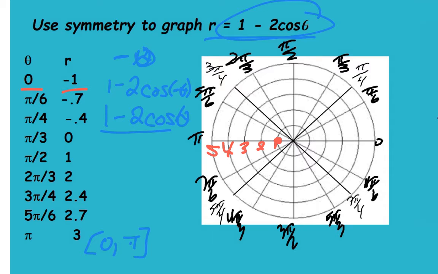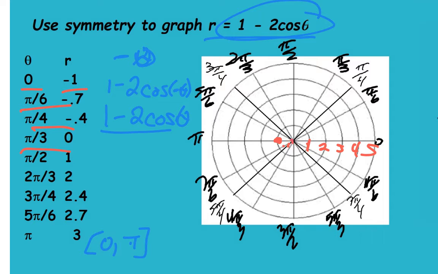Negatives is the direction. I guess I should have 1, 2, 3, 4, 5, because we're over on this side. That's the positive side. And then at pi over 6, I'm at -0.7. So down here, at pi over 4, I'm at -0.4.